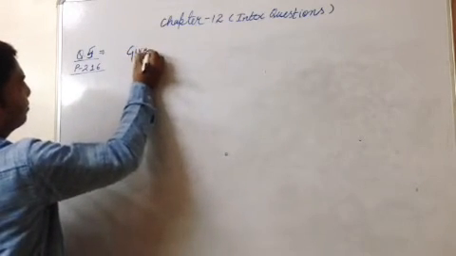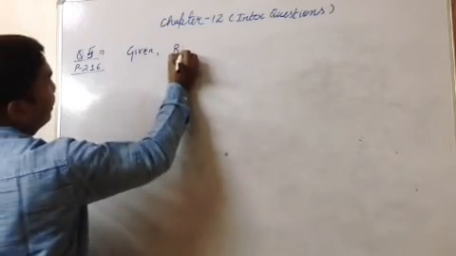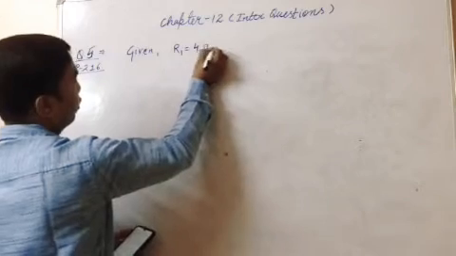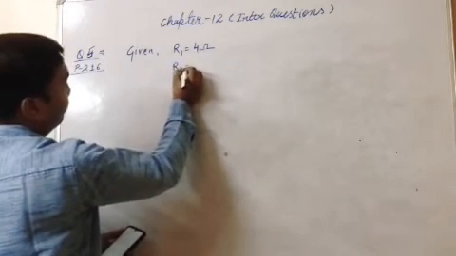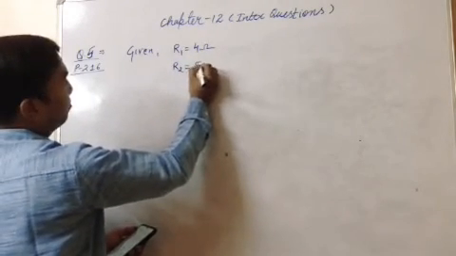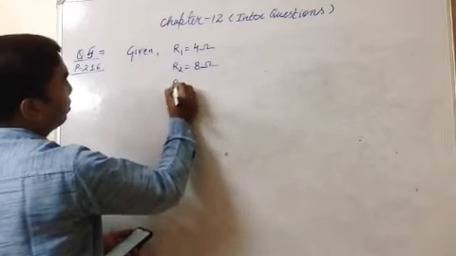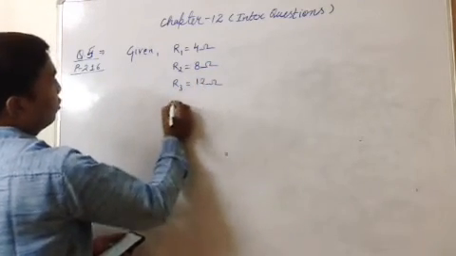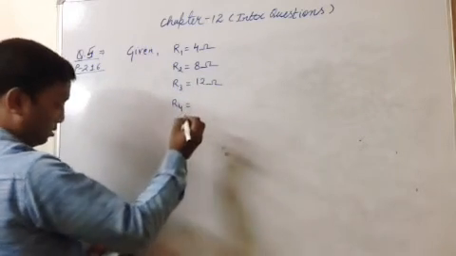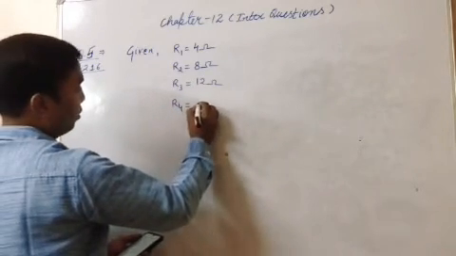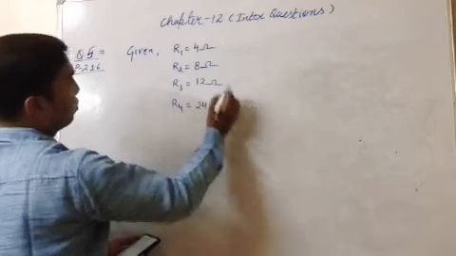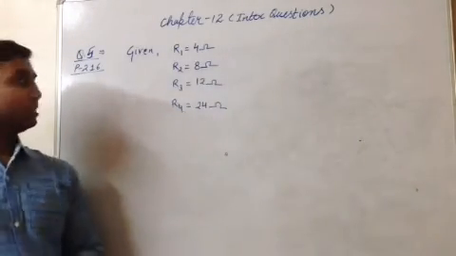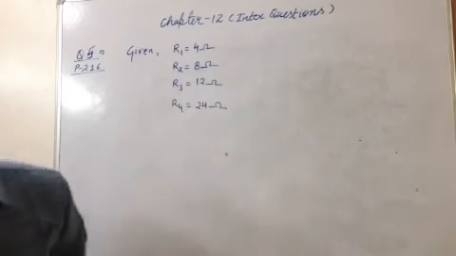First, R1 means a coil of resistance R1, 4 ohm, another coil is of 8 ohm, the third coil is of resistance 12 ohm, and the fourth coil is of 24 ohm.